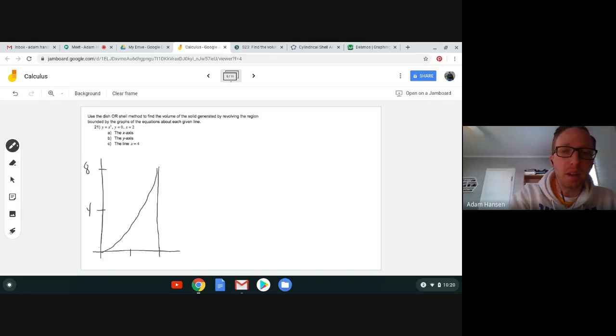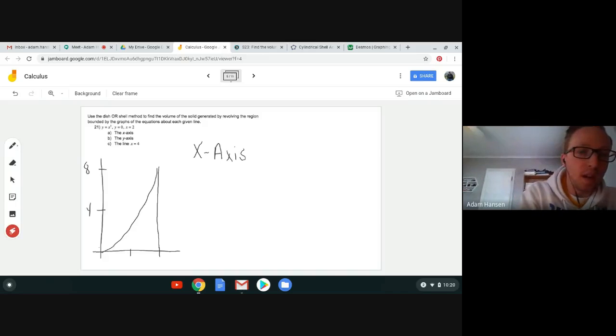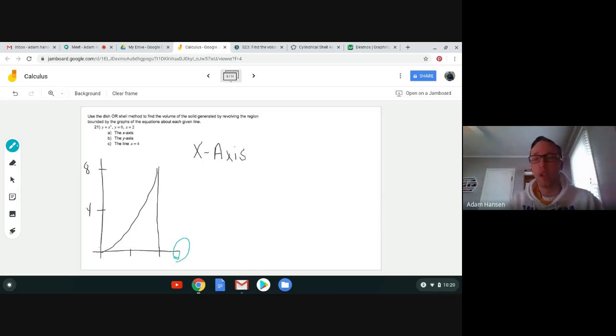So for the x-axis in part A, we have a horizontal axis of revolution. Would it be best to use disk or washer or shell?